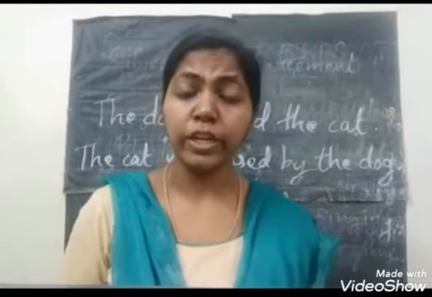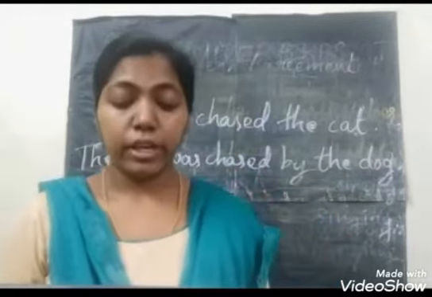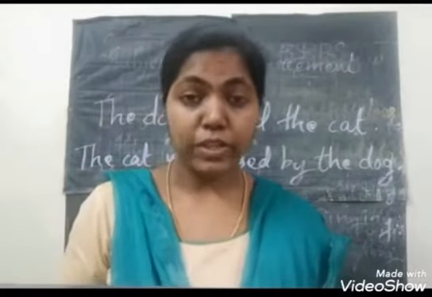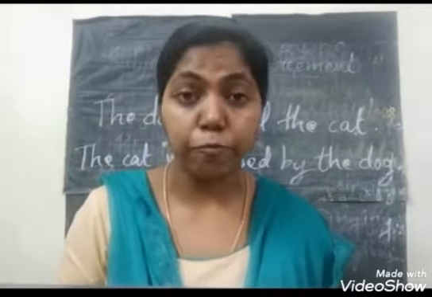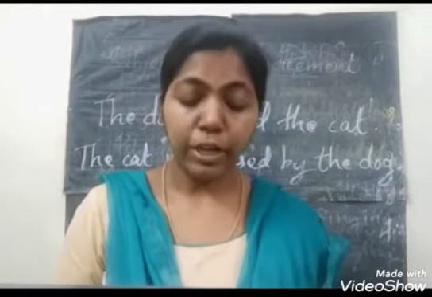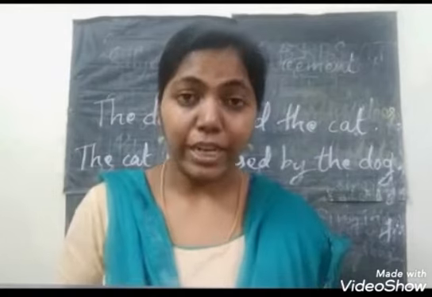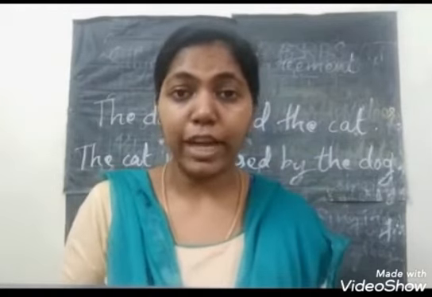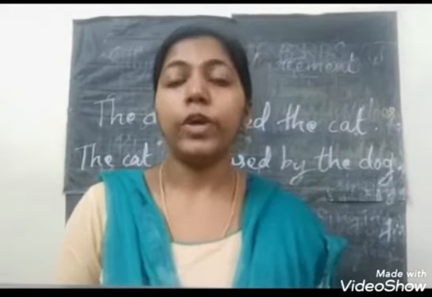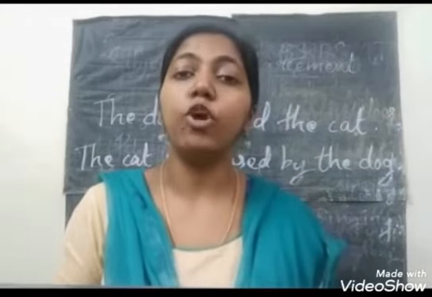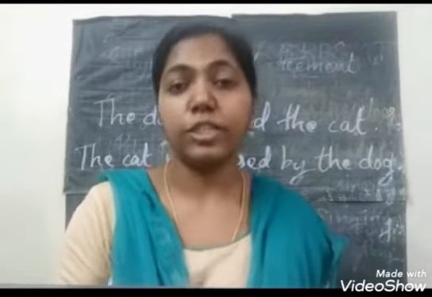Now children, listen here. There might be some sentences where you may get confused. For example, if you read the sentence and can easily identify the object, you can conclude that the verb is a transitive verb.